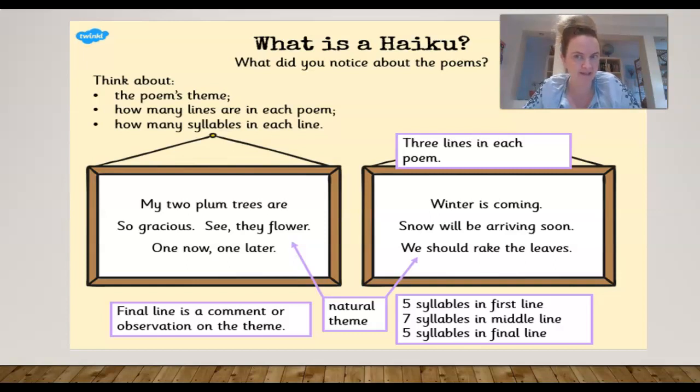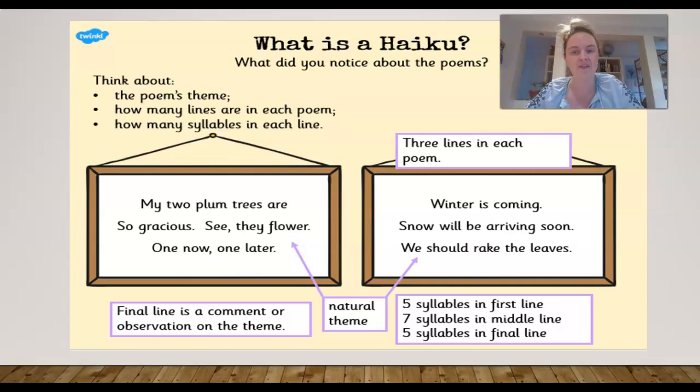I want you to think about the poem's theme. What have you noticed about the haikus that we've been sharing? What have you noticed about the themes? The themes are often about nature or the seasons. Lots of you have already picked that up. So if you know that, that's a thumbs up. Well done.